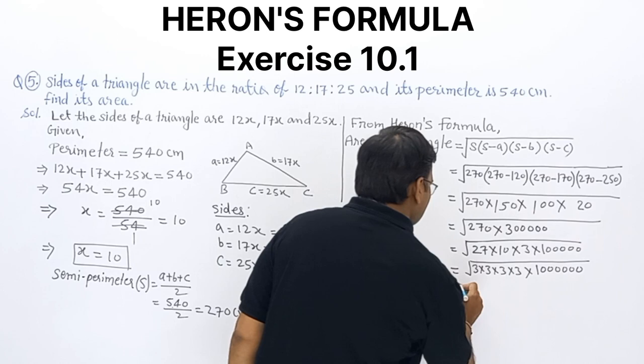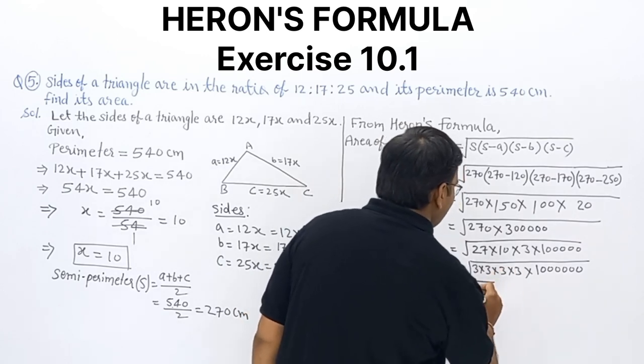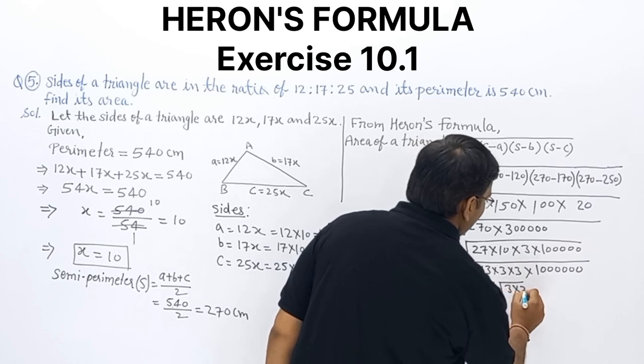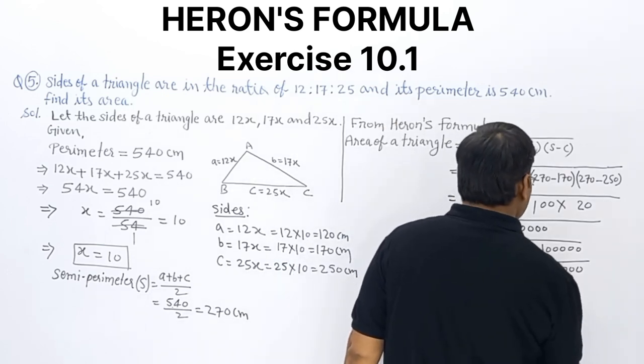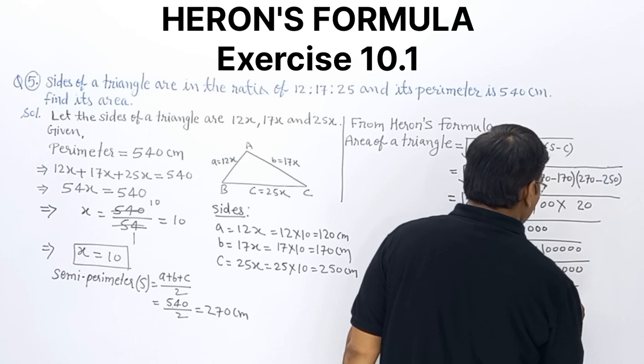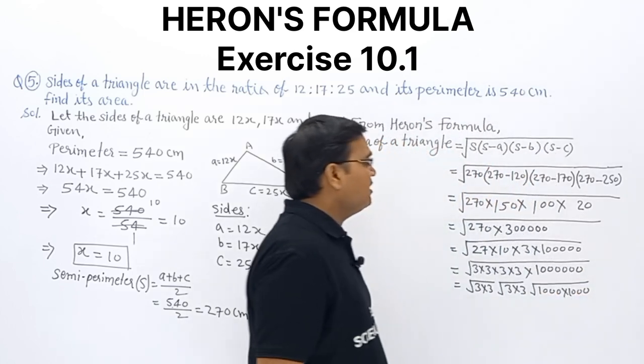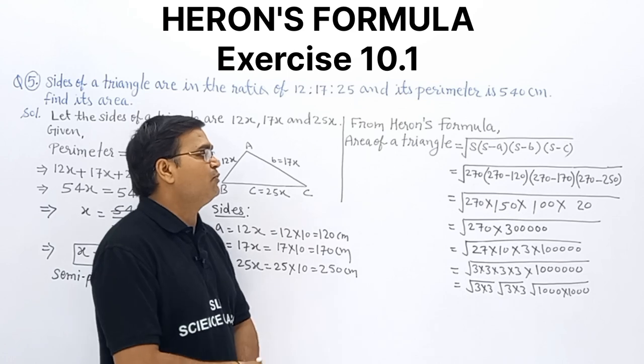Now the square root. This can be split like this. We already studied this idea, so we can easily solve all these things. Observe carefully, it is easy. Without doing long division of the square root, we can find the square root of the values.